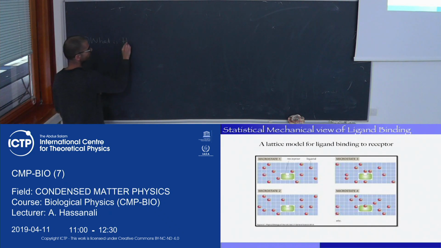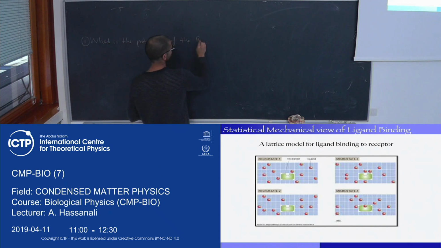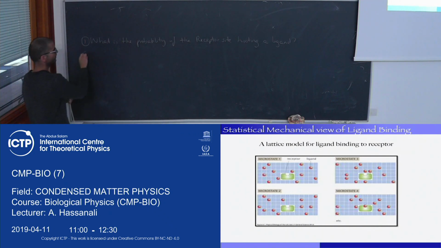What is the probability of the receptor site hosting a ligand? So that's the question.